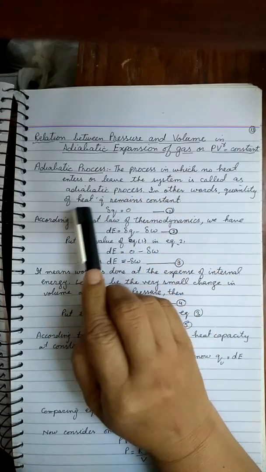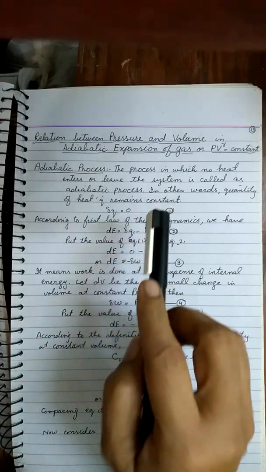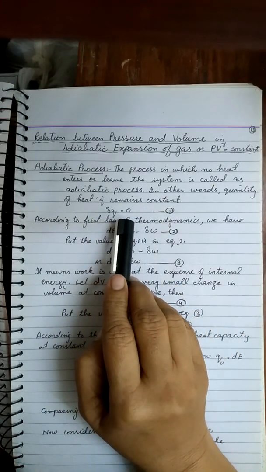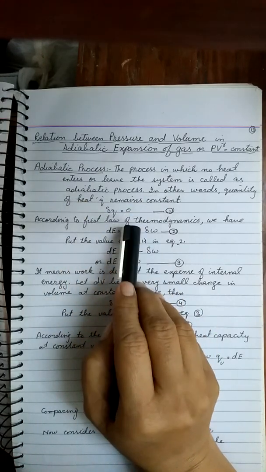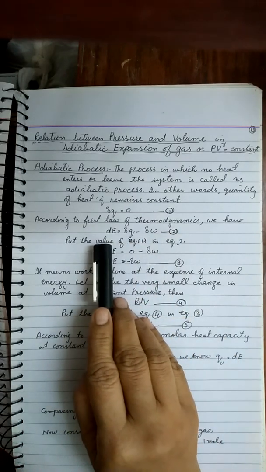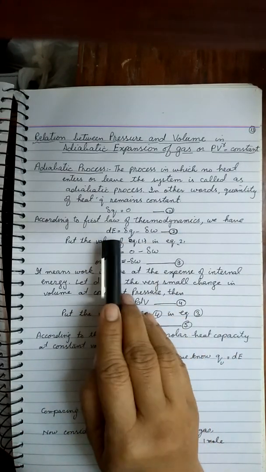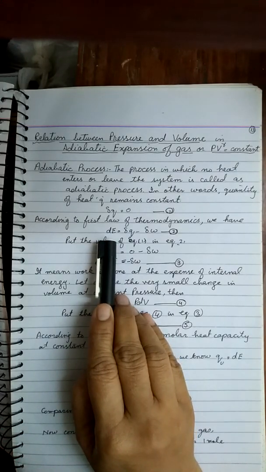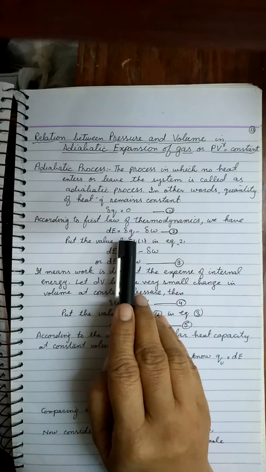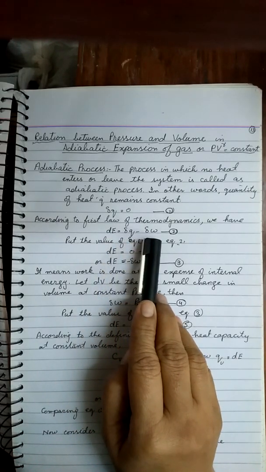In other words, the quantity of heat Q remains constant. It means partial Q is equal to 0, which indicates no heat is entering or leaving the system. According to the first law of thermodynamics, we know dE is equal to partial Q minus partial W. dE indicates change in internal energy, partial Q indicates infinitesimally small change in heat, and partial W the infinitesimally small change in work.